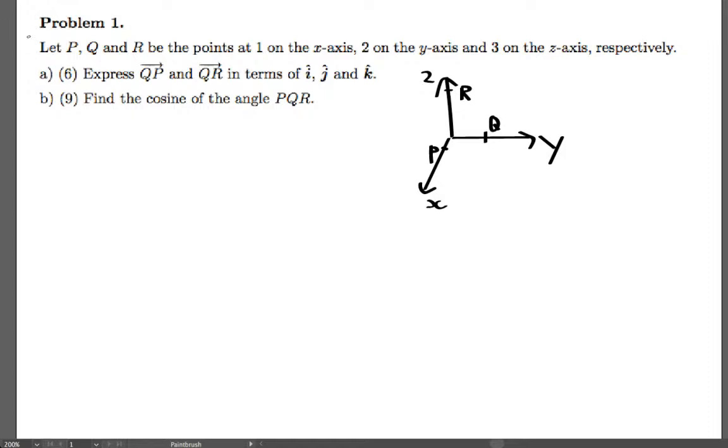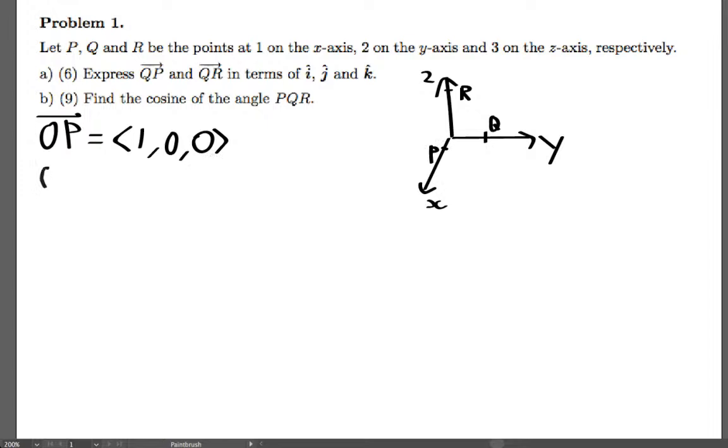Vector OP here is point 1 on the x-axis, but nothing else. On the y and z axes the coordinate is 0. So that's vector OP.